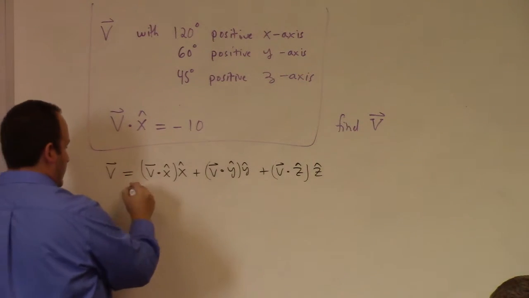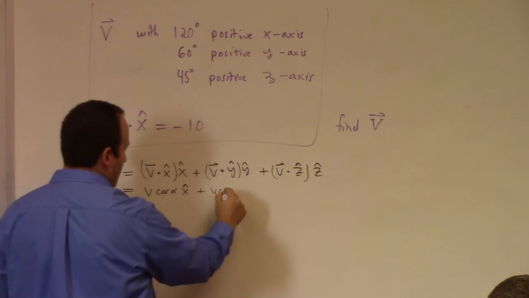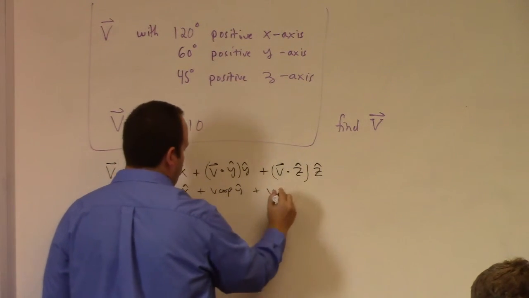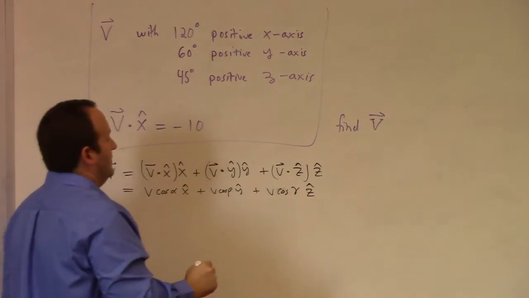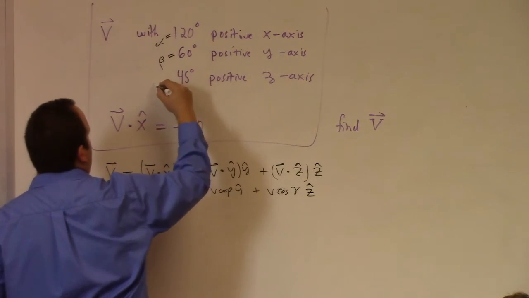And so this is what? This is v cosine alpha x hat, v cosine beta y hat, plus v cosine gamma z hat. But by the way, this is alpha, this is beta, this is gamma.